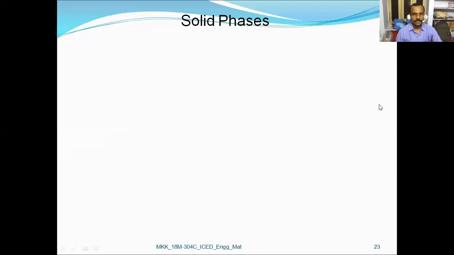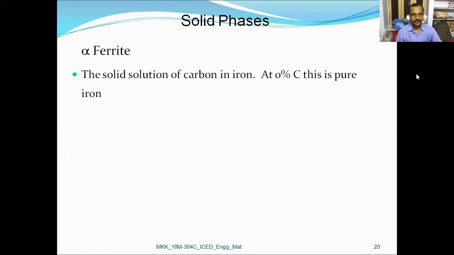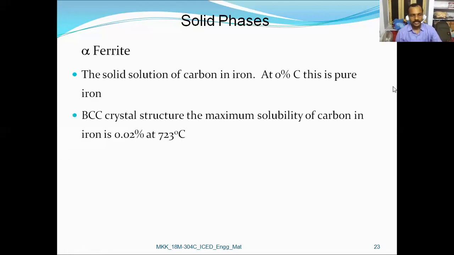Now let us move to the solid phases, starting with alpha ferrite. It is the solid solution of carbon in iron, and at 0 degrees centigrade this is pure iron. It has a BCC, body centered cubic, crystal structure. The maximum solubility of carbon in iron is 0.02 percent at 723 degrees centigrade, which is alpha ferrite.